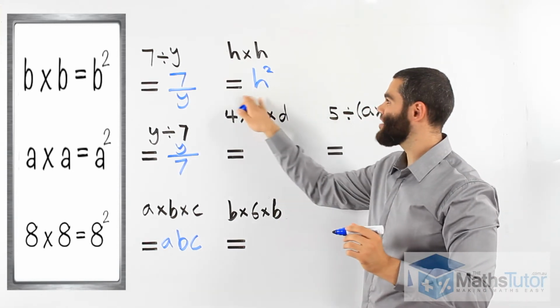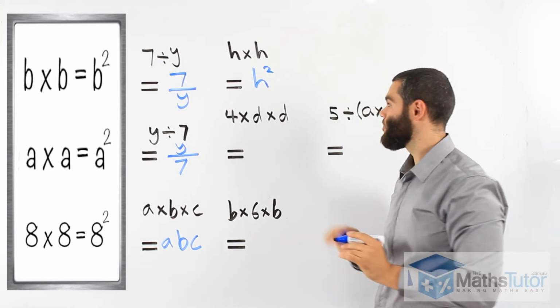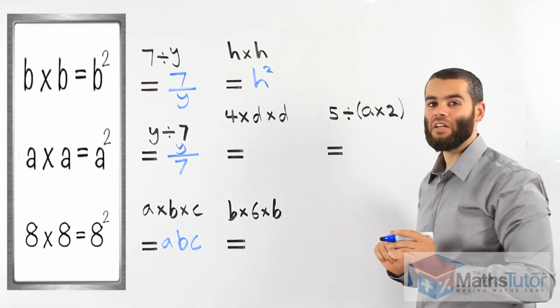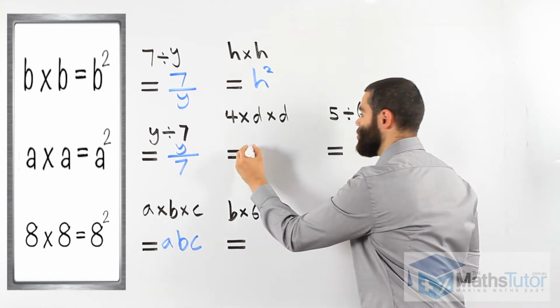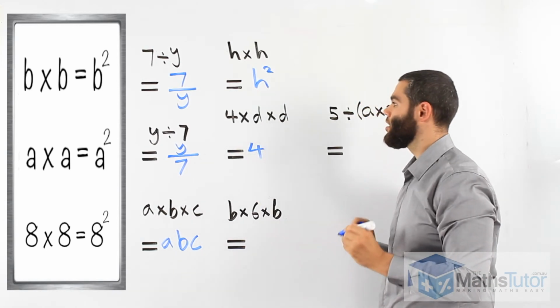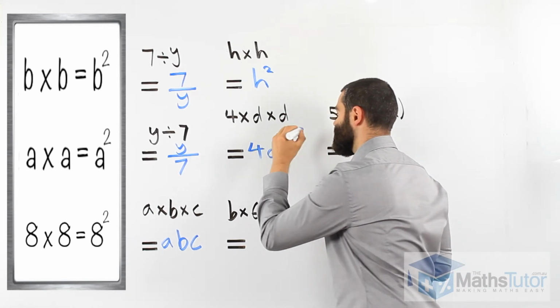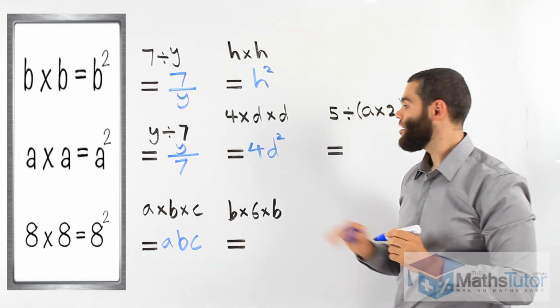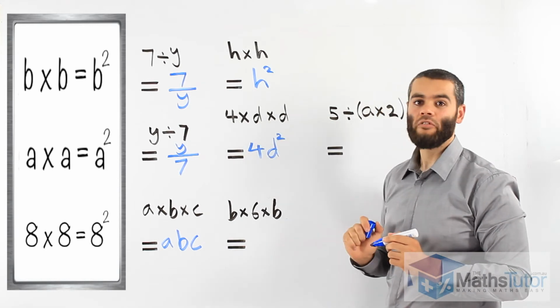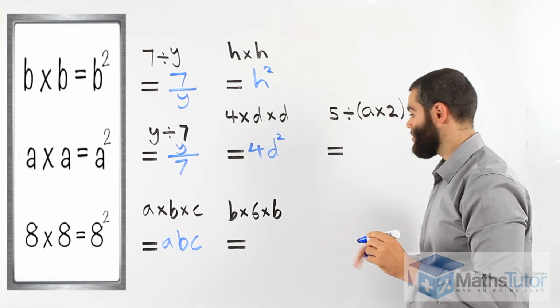In algebra, we always like to simplify and make things simple. 4 times D times D. 4 is our numeral, we write it first. And D times D is D squared. 4D squared is our simplified answer for 4 times D times D.